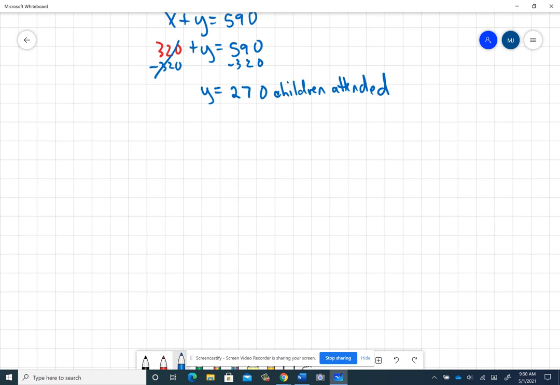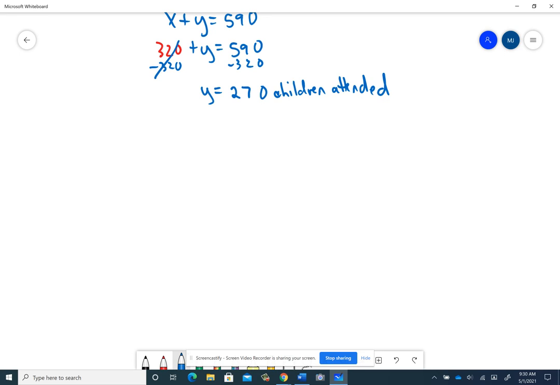Okay. The last part of Chapter 7, the last part of the systems unit, dealt with graphing inequalities and systems of inequalities.